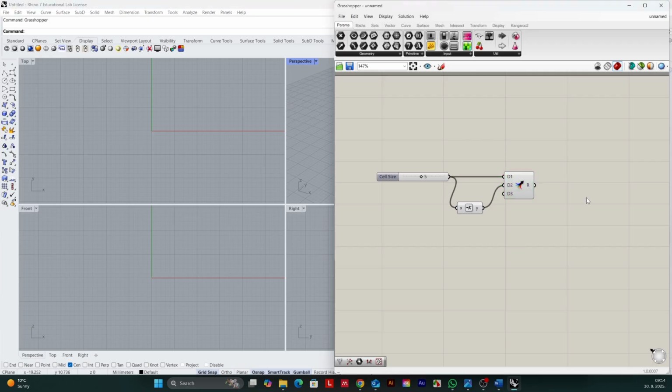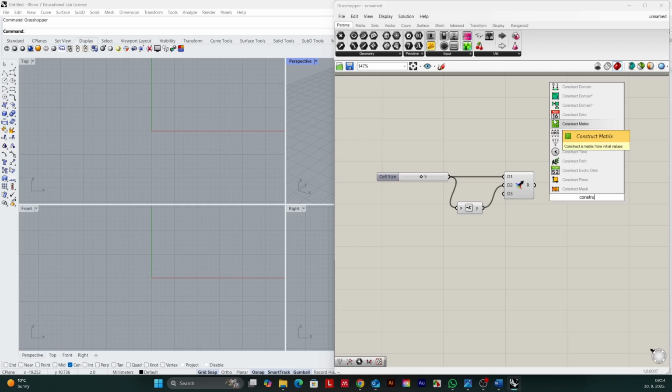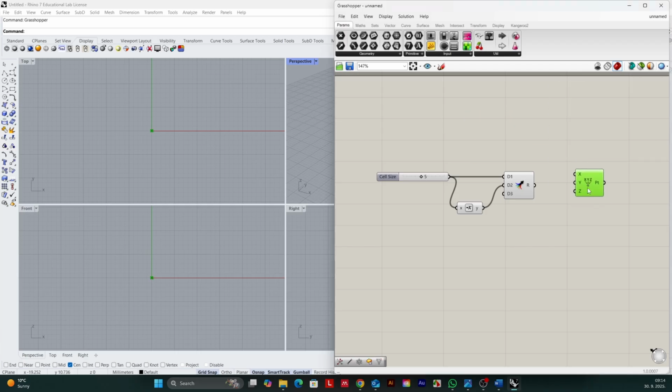After that, we introduce the construct point component. This component defines 8 corners of our unit cell, but before we get 8 corners, it's crucial to include the cross-reference component before construct point.